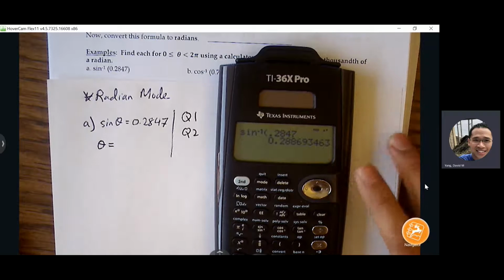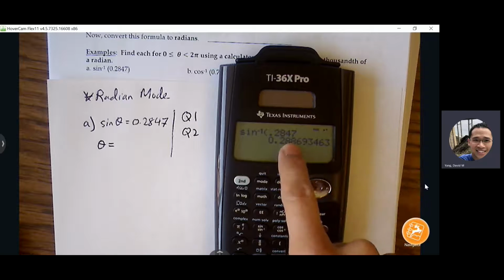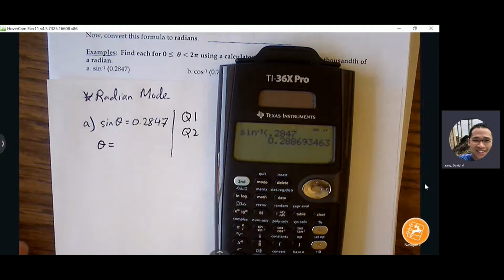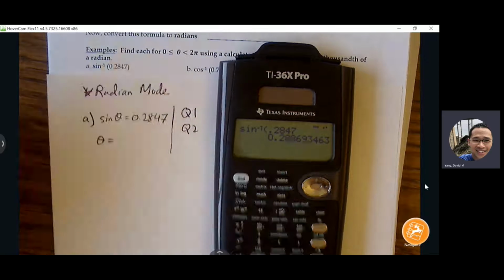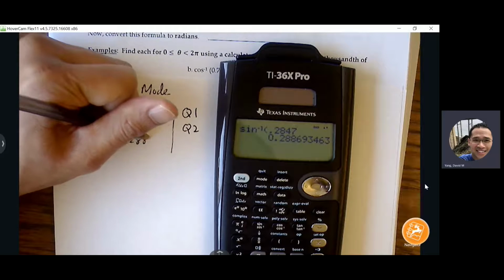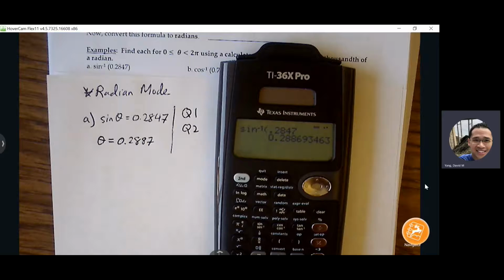I know that we're used to seeing a reference angle that's between 0 and 90 degrees, but now the reference angle for radians is going to be between 0 and 1.57, which is pi over 2. So just understand that it feels more abstract because we're not used to seeing this.